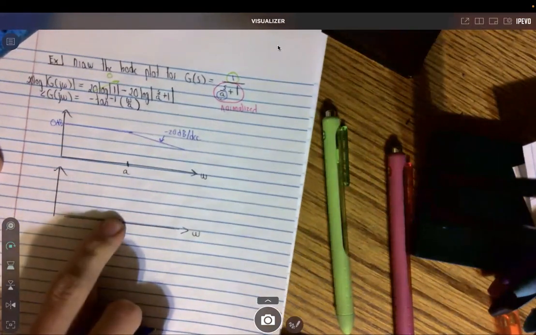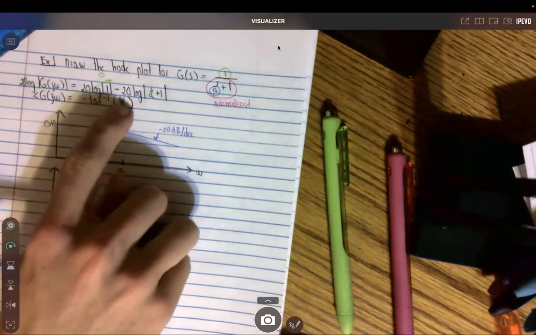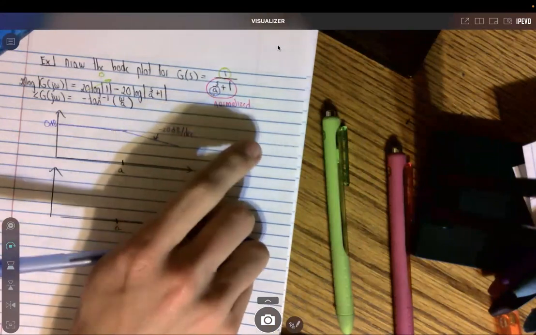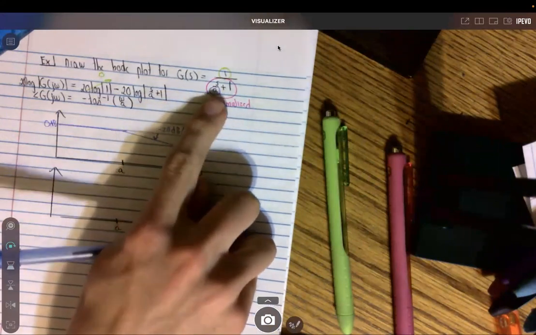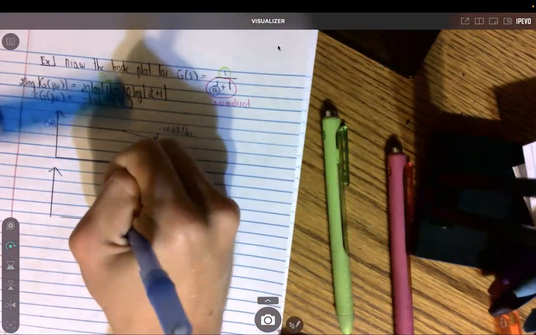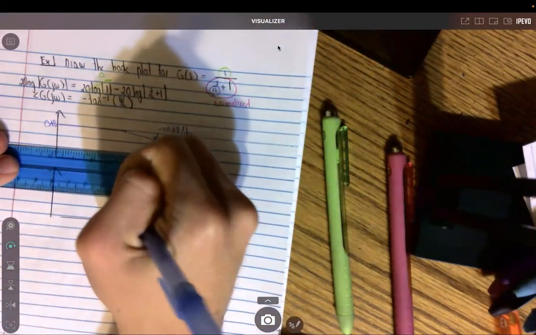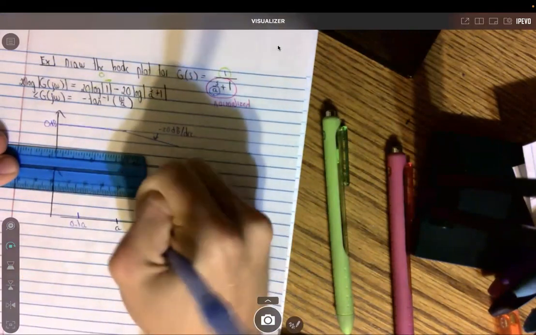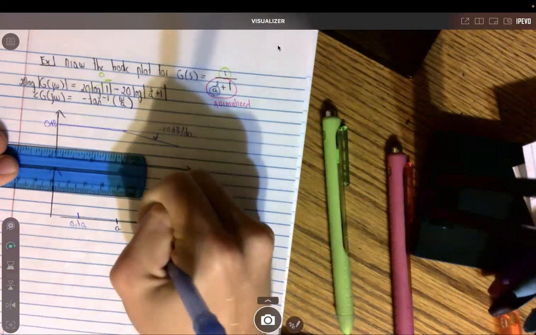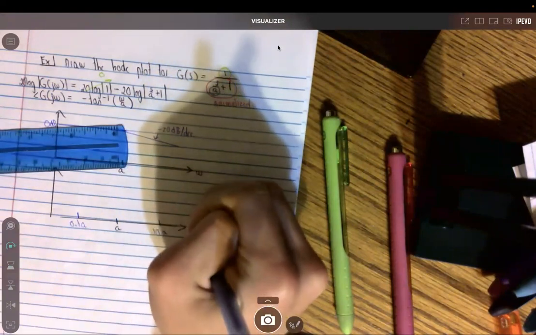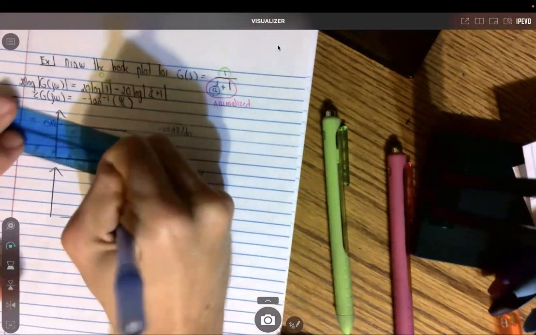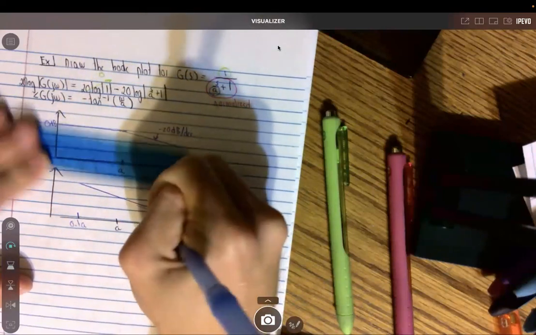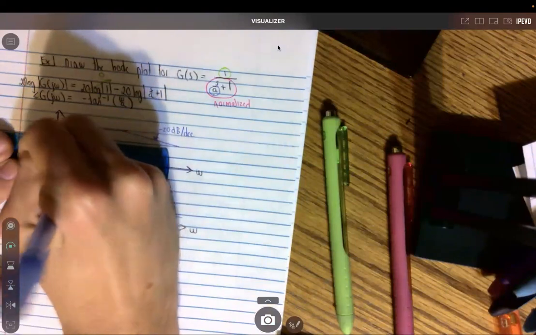But for our phase plot, we see it's minus tan inverse of omega over A, and our corner frequency is at A. And so one decade before, that would be at 0.1 A, and one decade after, this would be at 10 A. We're going to have negative 45 degrees, and then it's going to be constant otherwise.